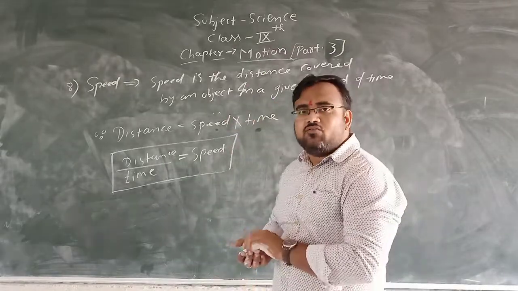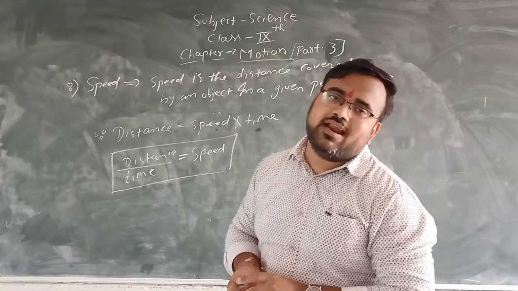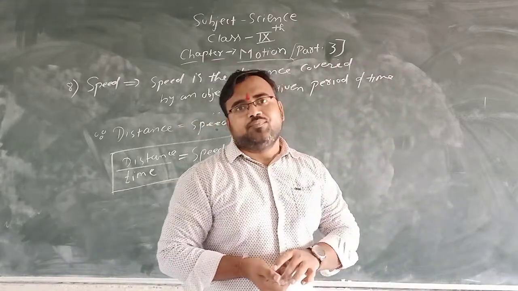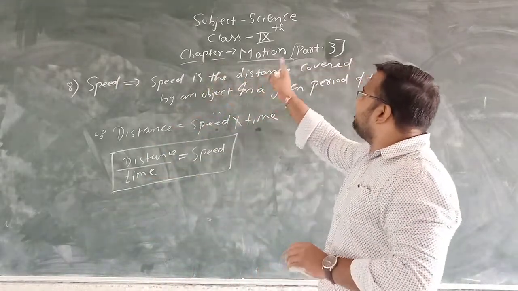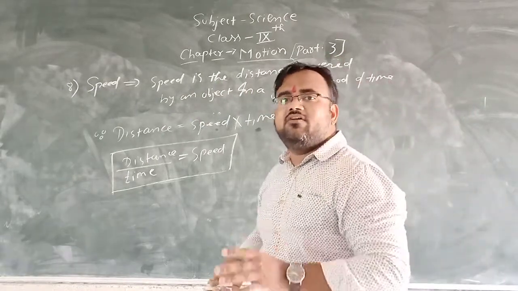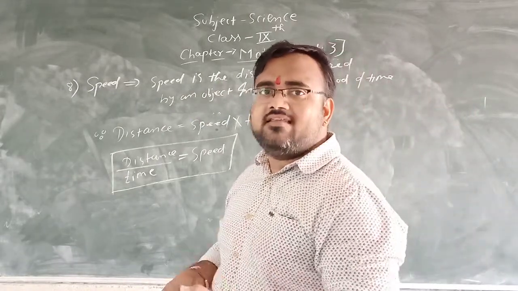If anybody asks you what is the definition of speed, you can write: speed is the distance covered by an object in a given period of time, distance upon time.